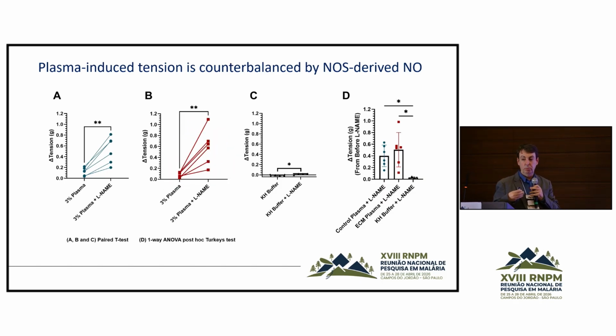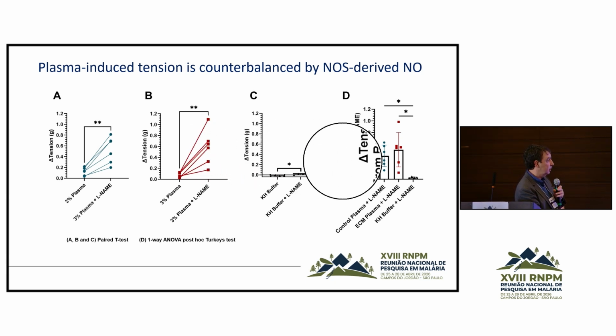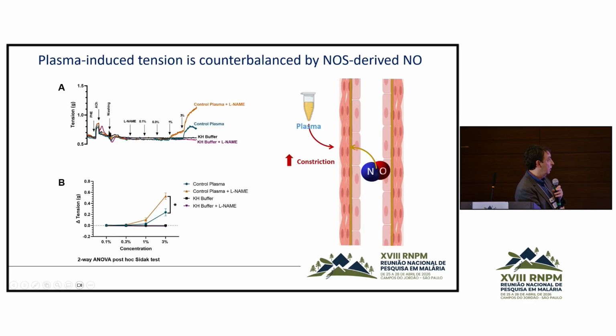So apparently what is happening is that the plasma has a constricting factor, and this constriction is strong, but physiologically it's counterbalanced by the production of nitric oxide. If you block this production, you increase the constricting factor. So we did not see a difference between plasma from the control group and the infected group.